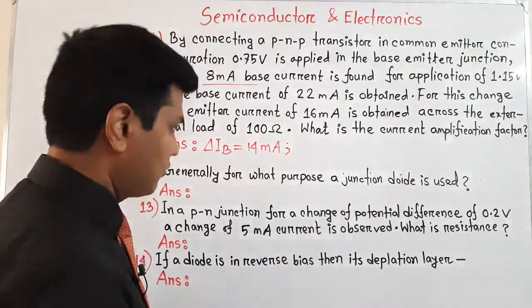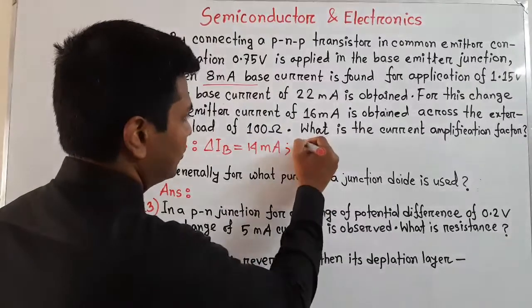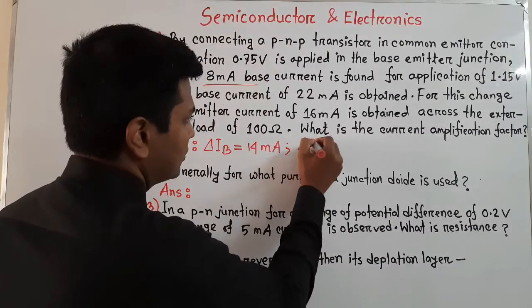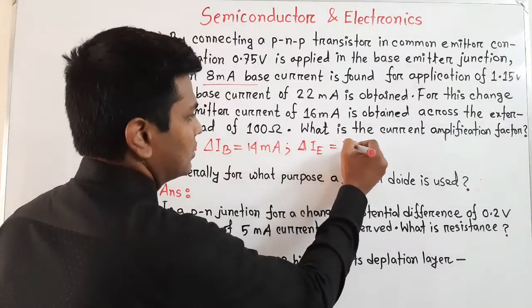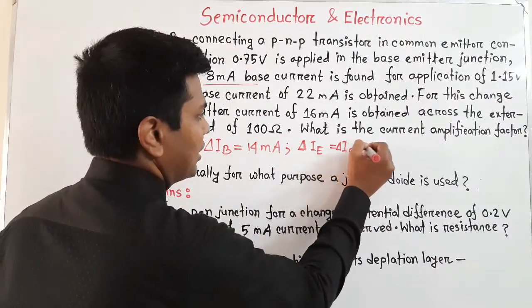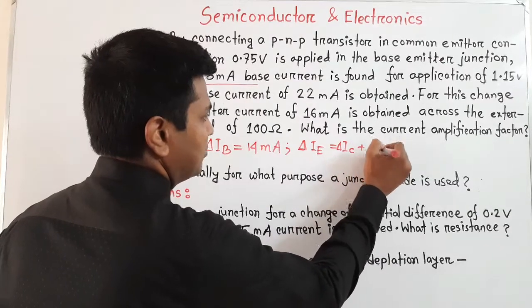Now for a very common formula, we know the change of emitter current will be equal to the change of collector current plus the change of base current.